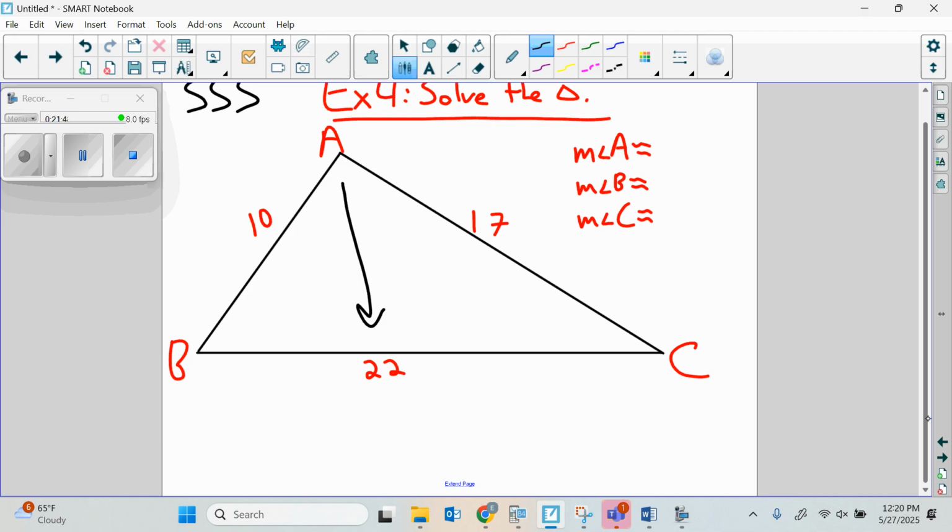So when I set this up, I'm going to say cosine A equals, I start with the 2 that are next to A, which are the 10 and the 17. So I'll say 10 squared plus 17 squared minus 22 squared over 2 times 10 times 17.